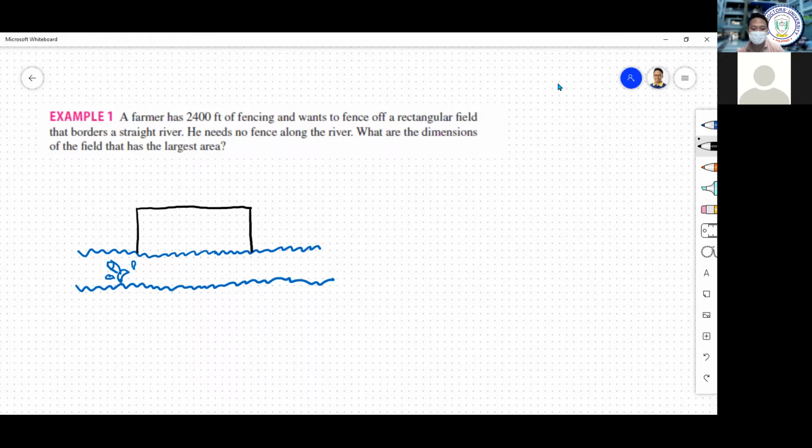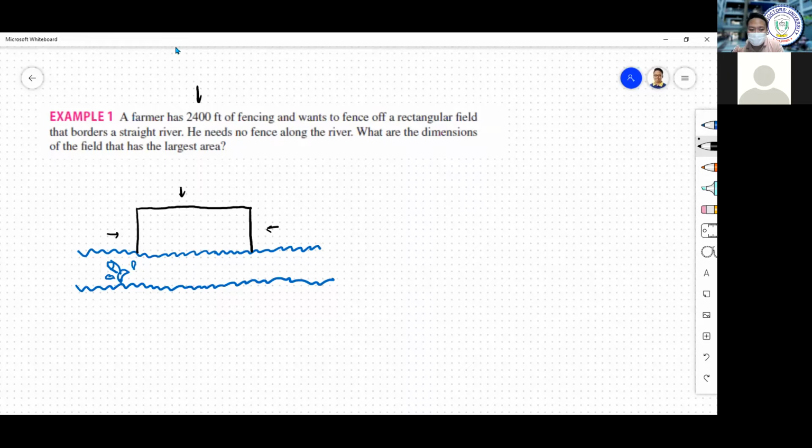The 2,400 feet, as I mentioned earlier, is the entire length of the material used to make the fence, this entire fence here. We don't know how much goes on each side. Right? There are many possible ways.